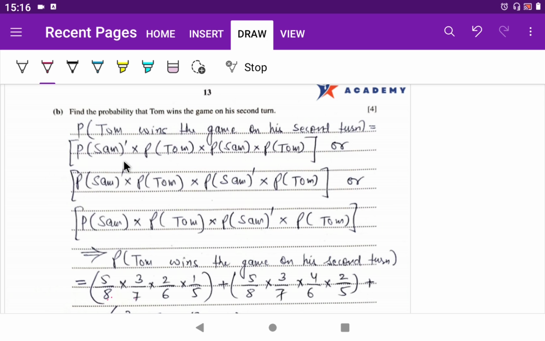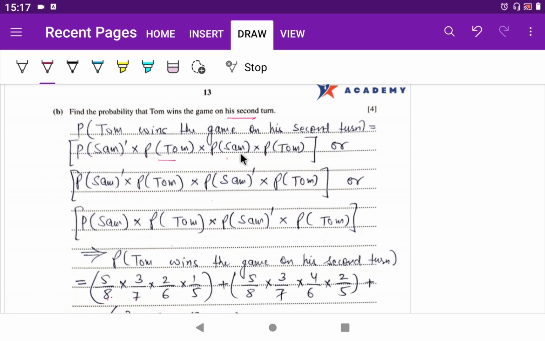This is the first turn, both of them played. Now again Sam will play and Tom will play. Sam didn't get the red card in his first turn, so here he can get it. But Tom needs to get it both times to win on the second turn.